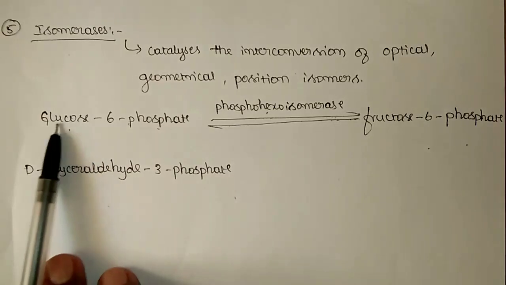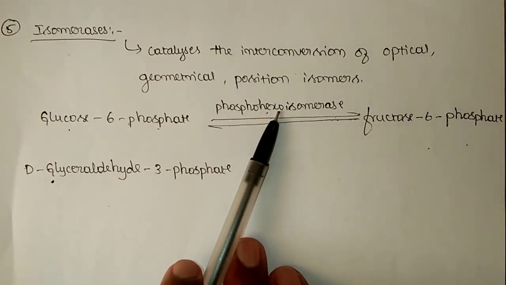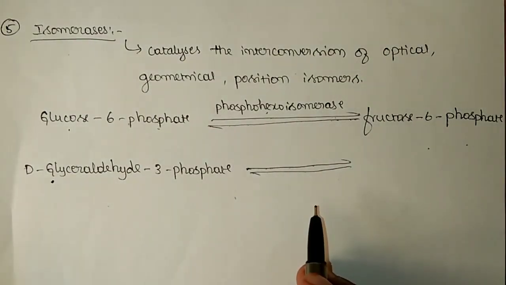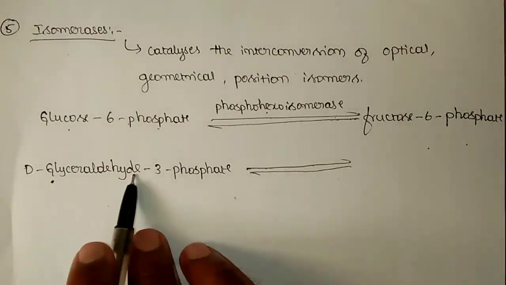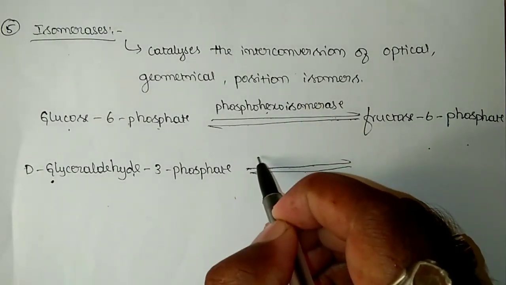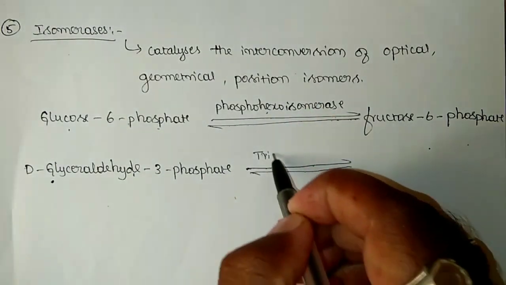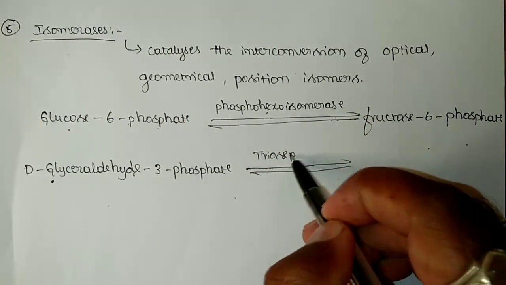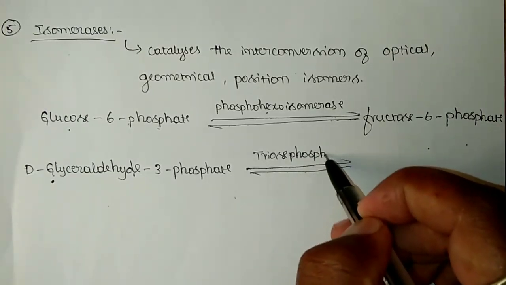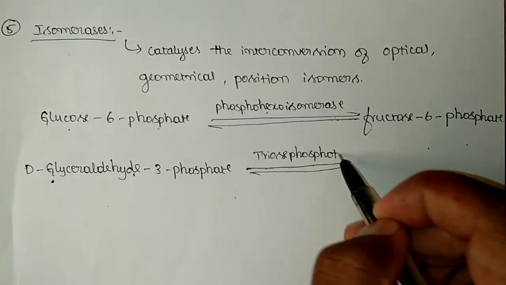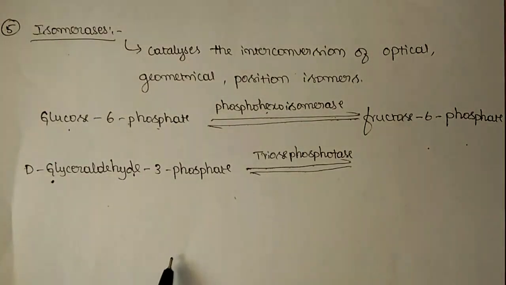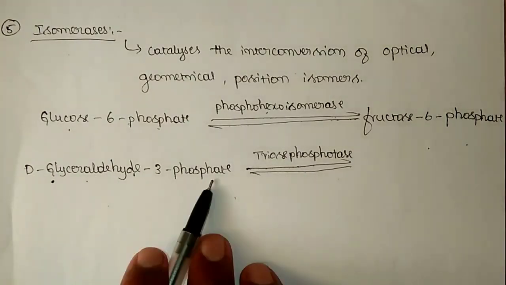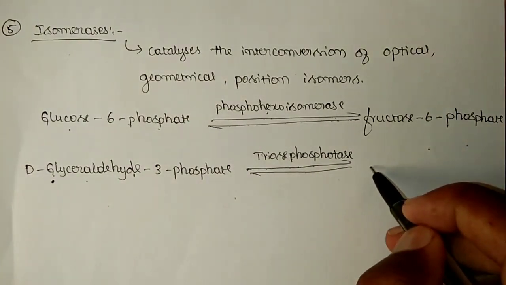Glucose has 6 carbon atoms, so we use the term hexo. And here glyceraldehyde has only 3 carbon atoms, so we can say triose, that is, a sugar consisting of 3 carbon atoms, triose phosphatase.